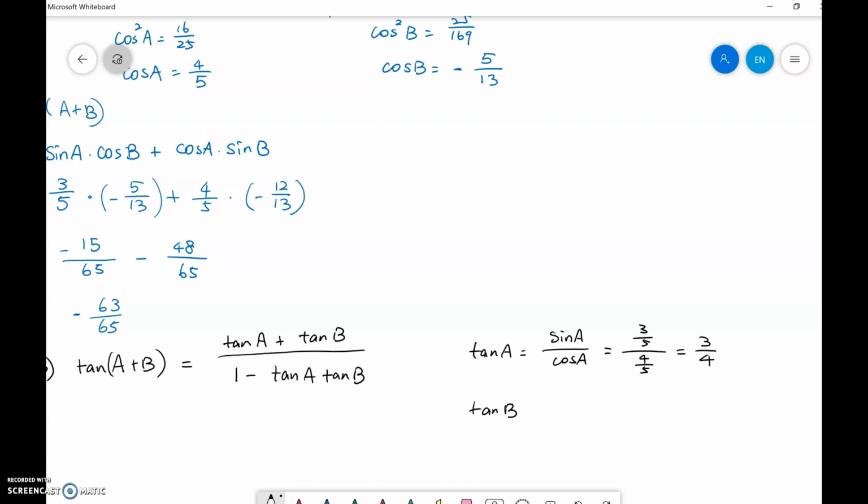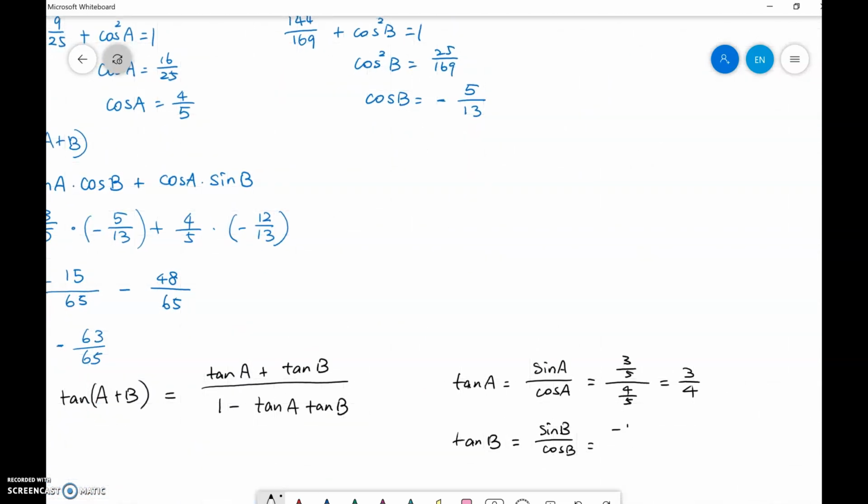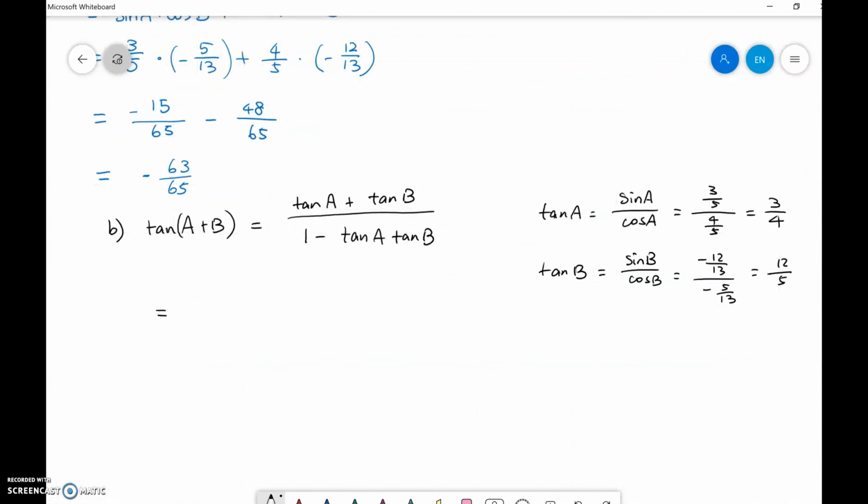Tangent of B, still the same thing, sine of B over cosine of B, which is negative 12/13 over negative 5/13. So we end up with 12/5. So tangent of A is 3/4. Tangent of B is 12/5.